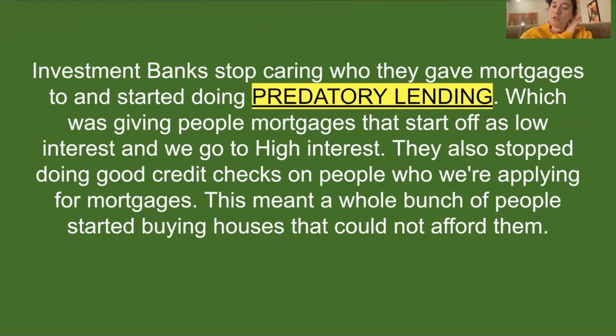They also stopped doing good credit checks on people. So they're not really checking if people are financially stable enough to eventually pay back their mortgage or buy a house. This meant that a whole bunch of people started buying houses that they could not afford, which is a problem.